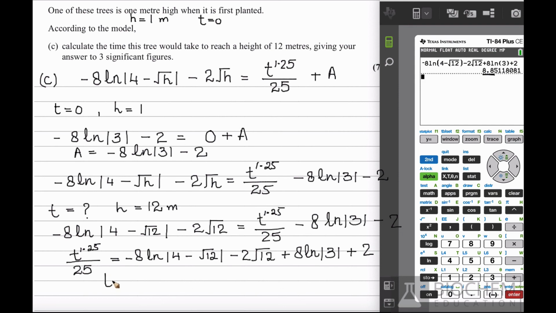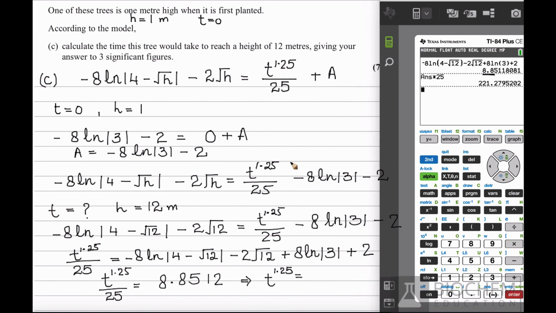So we can say t to the power of 1.25 over 25 equals 8.8512, approximately to 5 significant figures. Now we can multiply 25 on the right hand side and write this as t to the power of 1.25 equals 25 times by that would give us times 25.